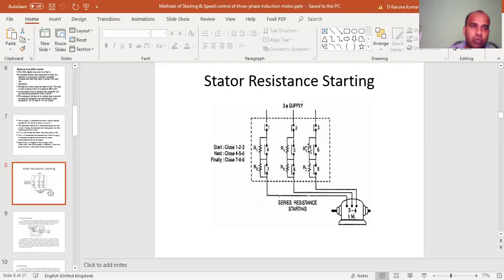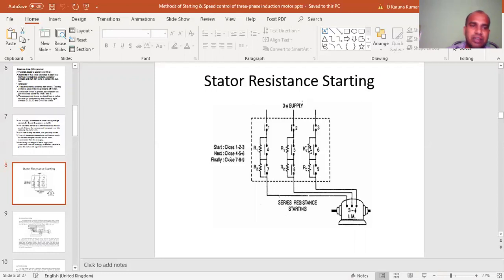This causes a voltage drop across the resistances, so the voltage available across the motor terminals is reduced, and so is the starting current. The starting resistances are gradually cut out in two or more steps from the starter circuit as the motor picks up speed. When the motor attains the rated speed, the resistances are completely cut out and full line voltage is applied to the motor.